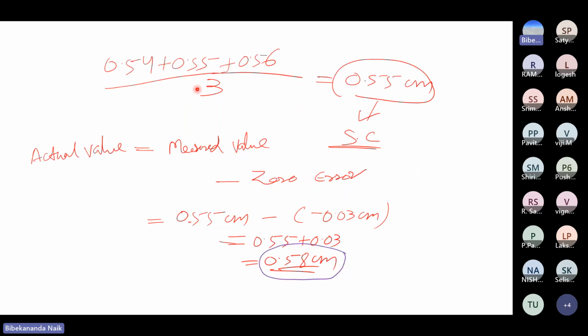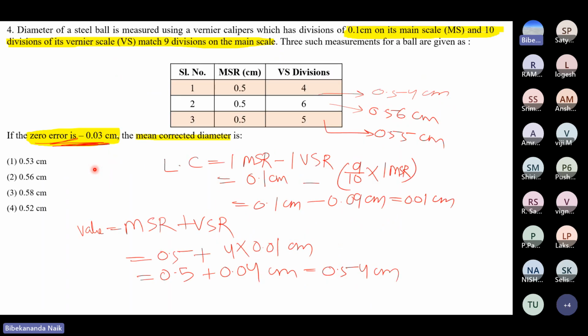Since we have taken 3 measurements, the mean measurement will be the sum of the 3 divided by 3. So it will be 0.55 centimeter. So this is the measurement that we have performed. But the actual measurement is the one obtained after subtracting the zero error, because the measuring device has some zero error, and this zero error is minus 0.03 centimeter.